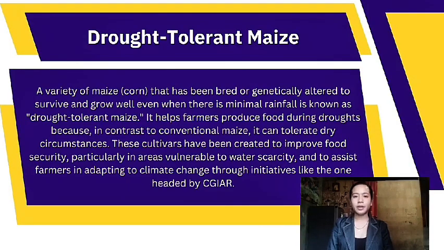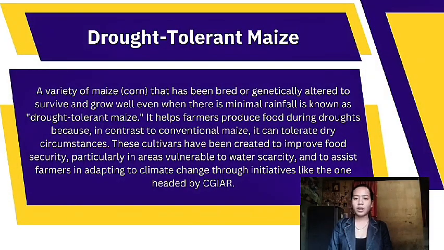Drought-tolerant maize, a variety of maize corn that has been bred or genetically altered to survive and grow well even when there is minimal rainfall, is known as drought-tolerant maize. It can help farmers produce food during drought because, in contrast to conventional maize, it can tolerate dry circumstances.